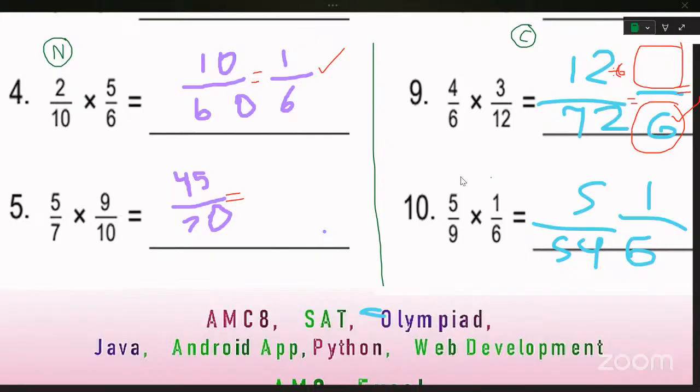Cadence? You are making mistakes in a hurry. How did you get 1 by 6 here?